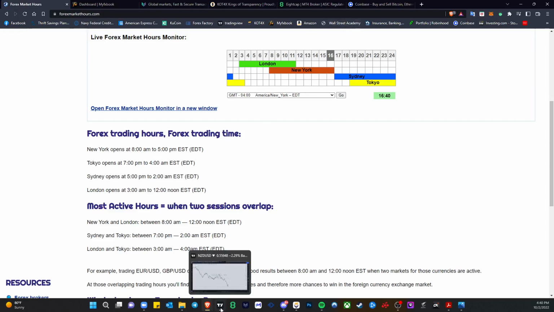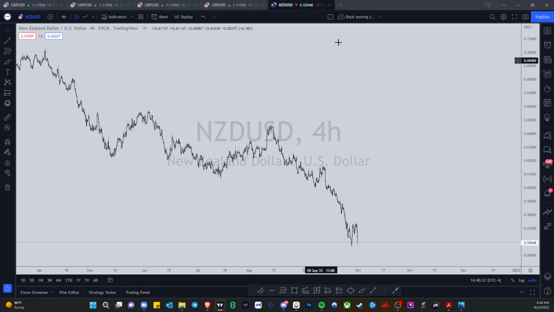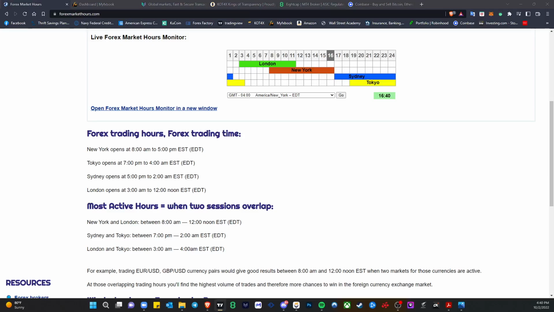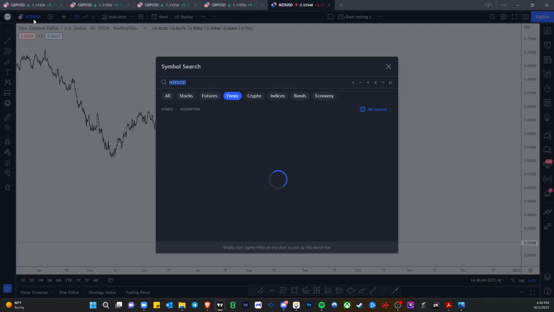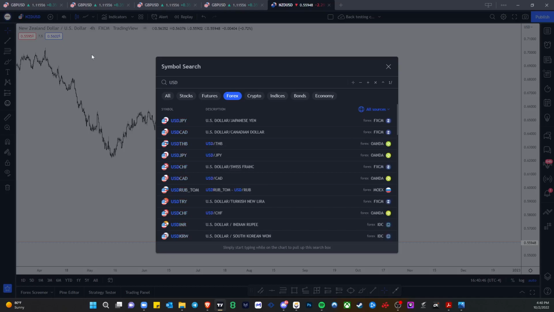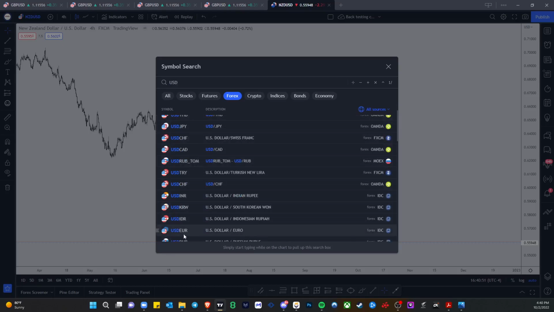I'm gonna show you which one to use. So for the New York session, you will wanna trade all the USDs right here. You're looking at the chart right now.